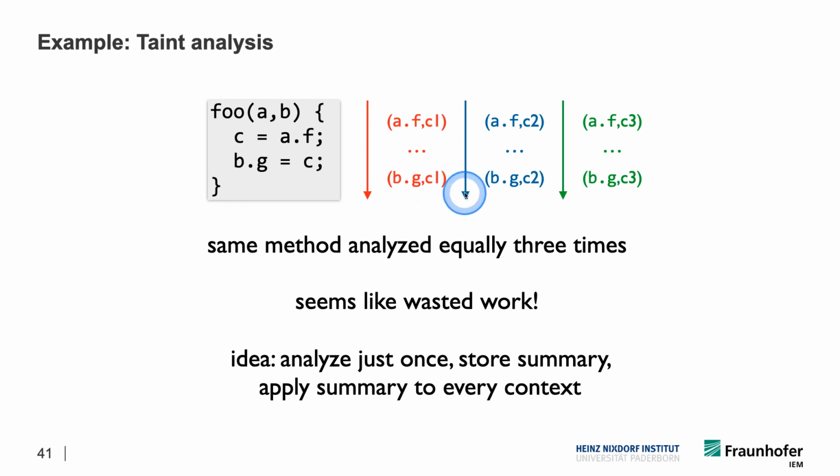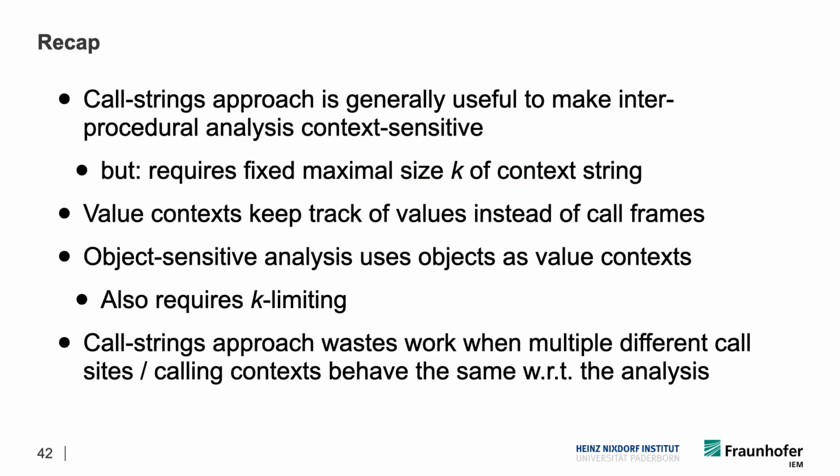And when I then analyze it under another context where a.f is tainted again, I can just reuse that summary, skip this whole lengthy computation and just taint b.g. And the same here. That is something that we would like to do. And the functional approach that I will talk about next week will give you something along these lines. And for many kinds of analysis, it will actually do exactly that.